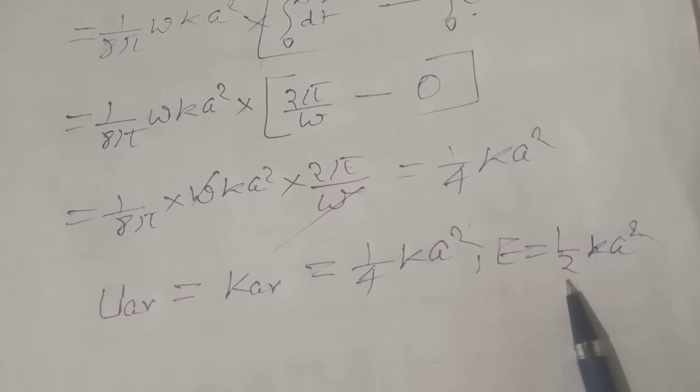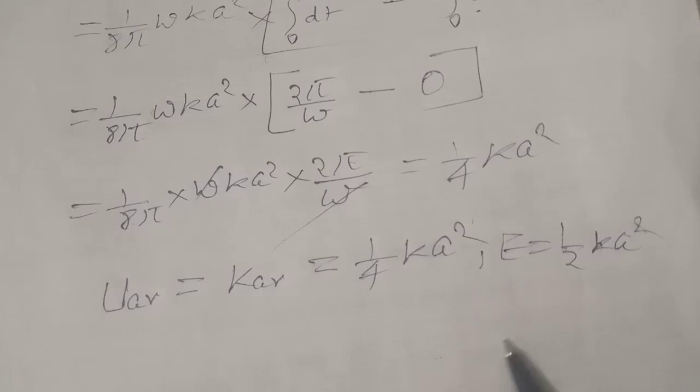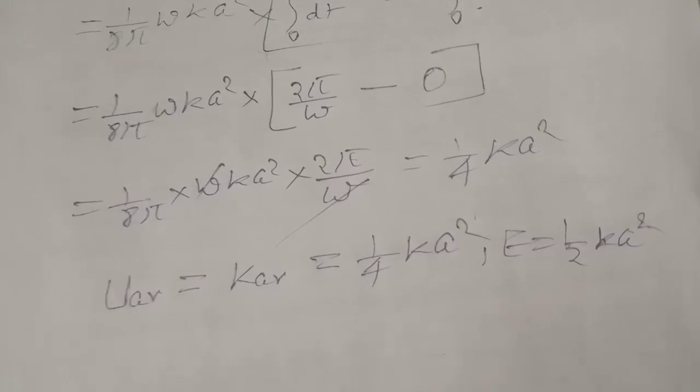Now again I am going to calculate the potential and kinetic energy averaged over position, that is the position average of kinetic energy and potential energy. So first let's calculate the kinetic energy.